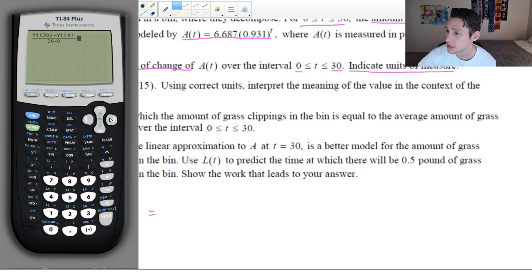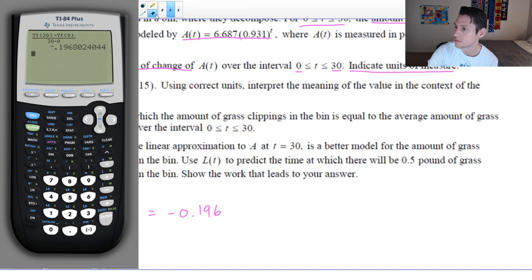All right, like I've always recommended, the fewer times that you have to hit enter on your calculator, the better off you're going to be. Negative 0.196. Oh, 197. Sorry.